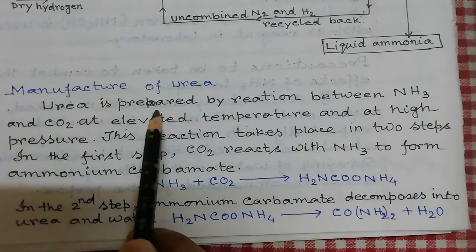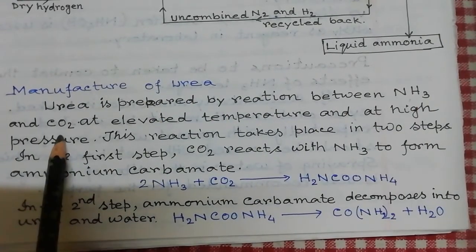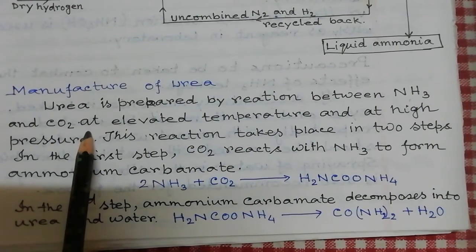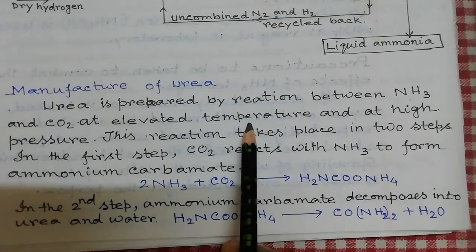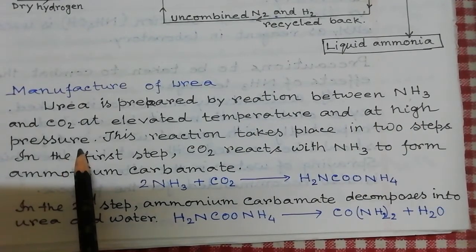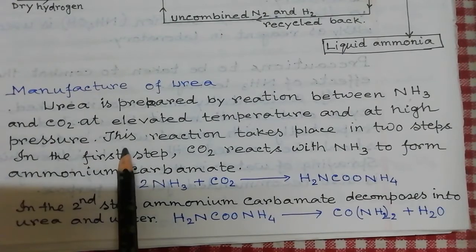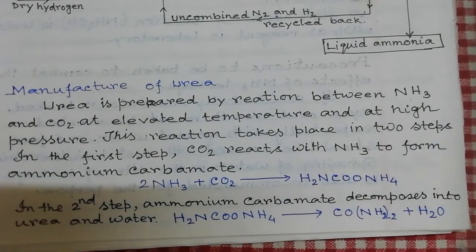Urea is prepared by the reaction between ammonia gas and carbon dioxide gas at elevated temperature, that means at a higher temperature and at higher pressure. This reaction takes place in 2 steps, not in a single step.